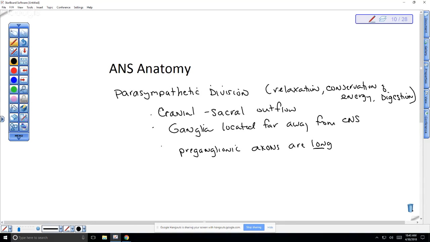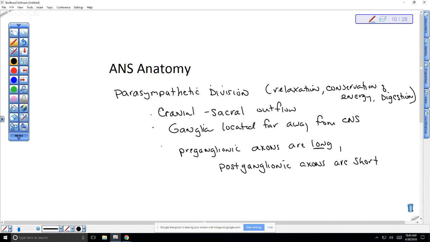So they have these long axons that might extend like all the way to the kidney. And then you have the ganglion next to the kidney. And so then the postganglionic axons are short.